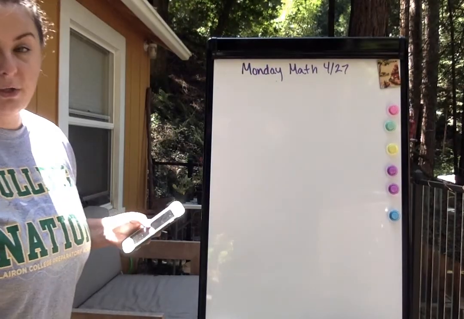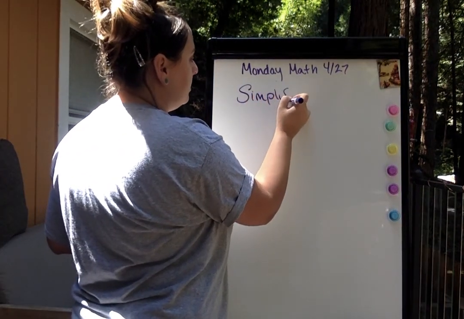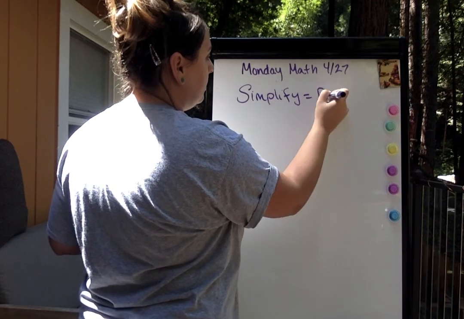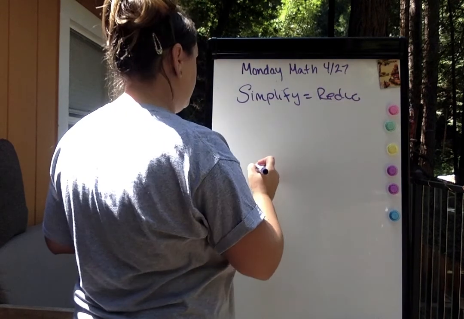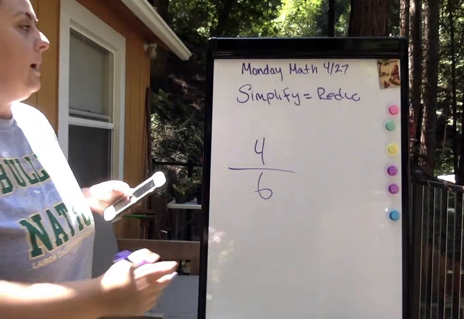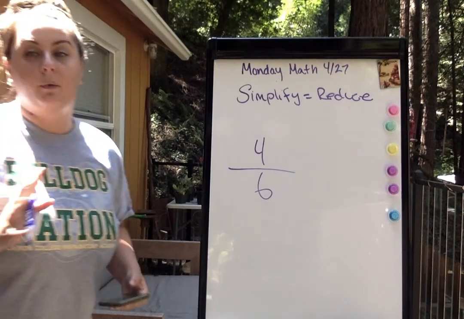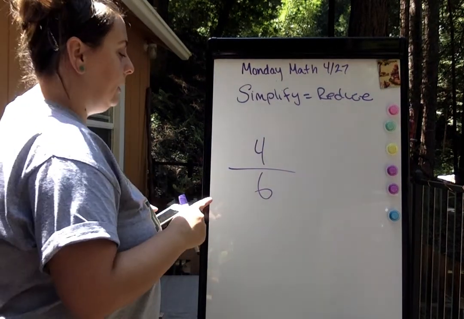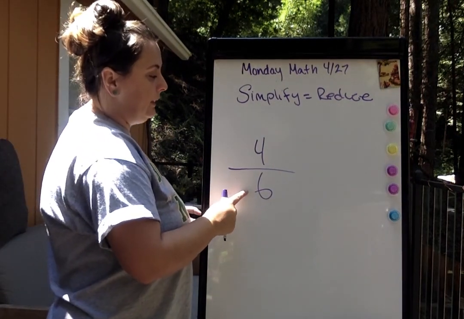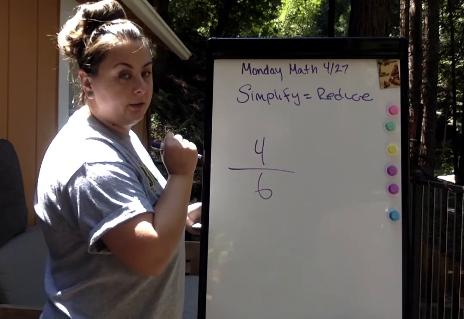Simplify the fraction below. Simplify is just another word for reduce. So we're going to reduce 4/6. Now, you have to think about what number can I get to go evenly in the denominator and in the numerator.